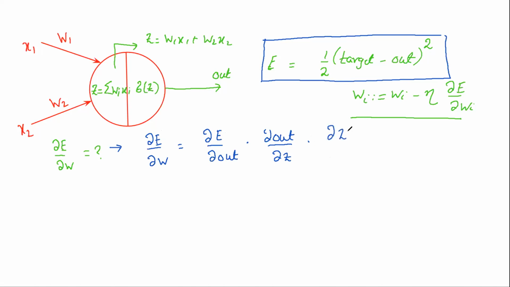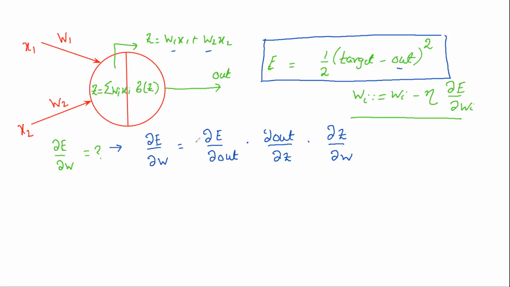We have split the derivative of error into a product of three derivatives: the derivative of error with respect to output, the derivative of output with respect to Z, because we are taking sigmoid of Z, and the derivative of Z with respect to W. When I say W, I mean W1 or W2. Now I can easily compute each of these three derivatives.